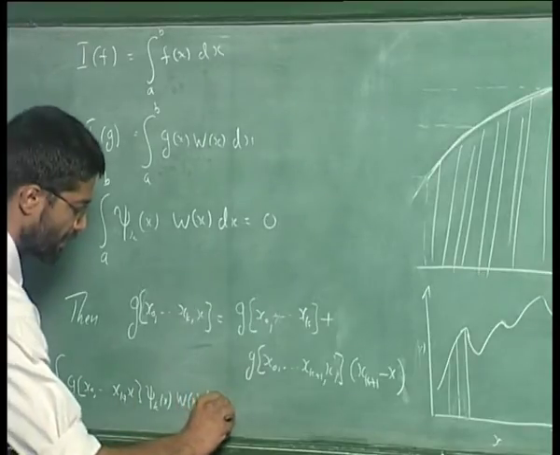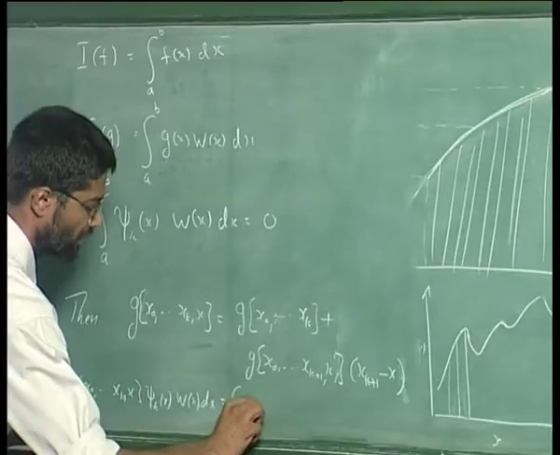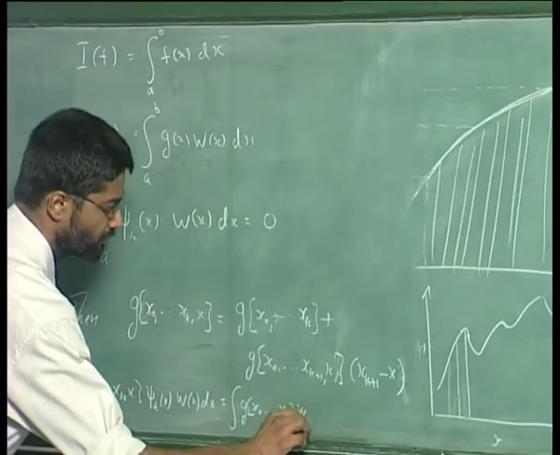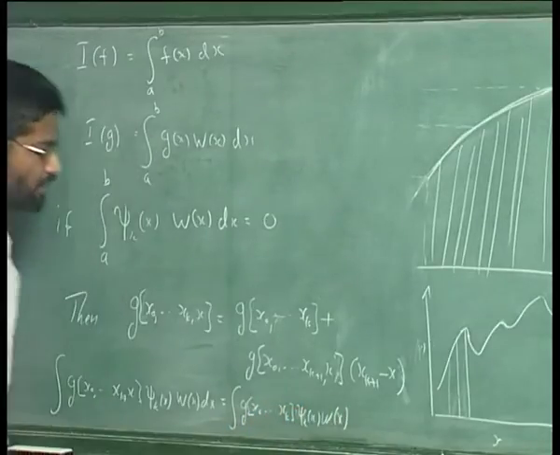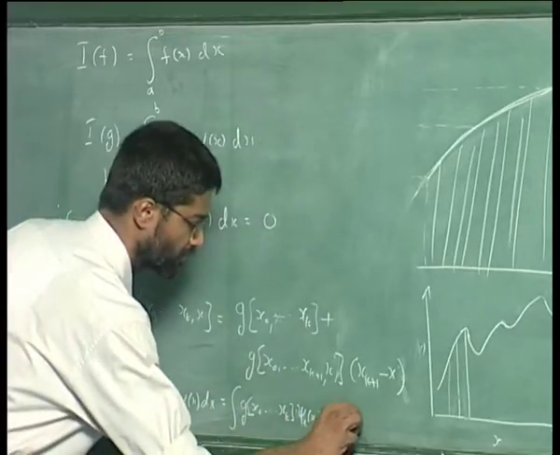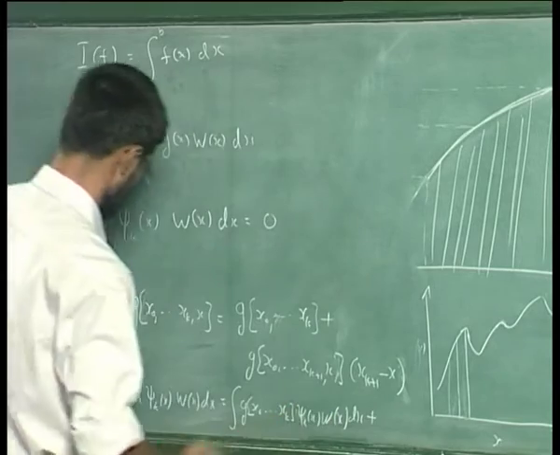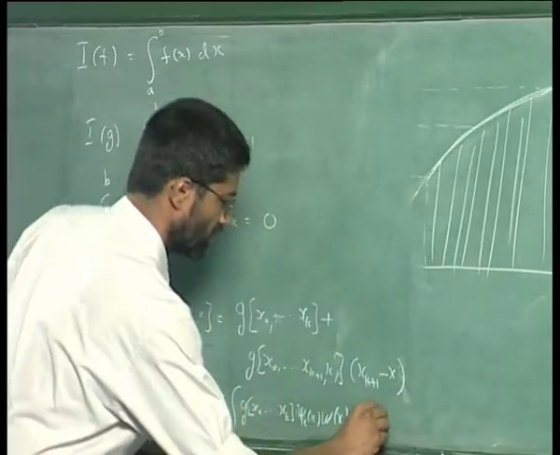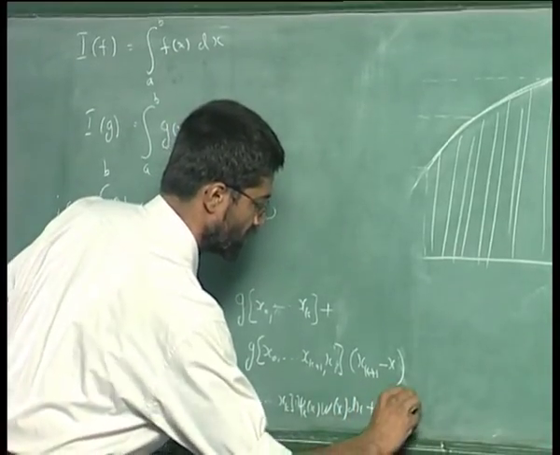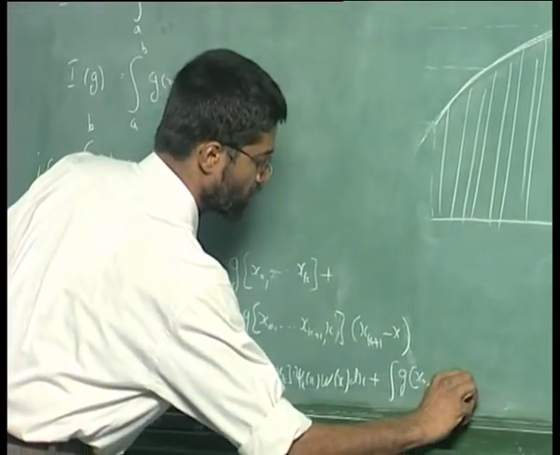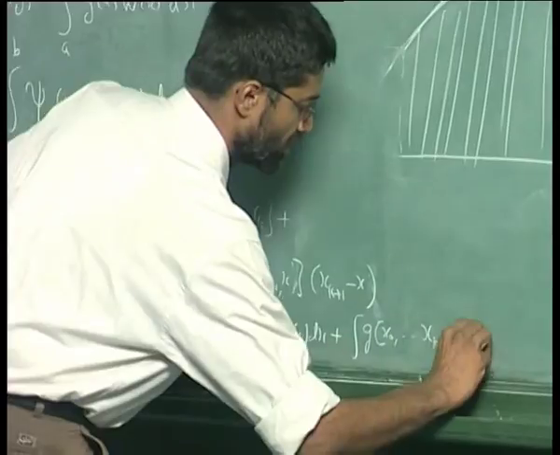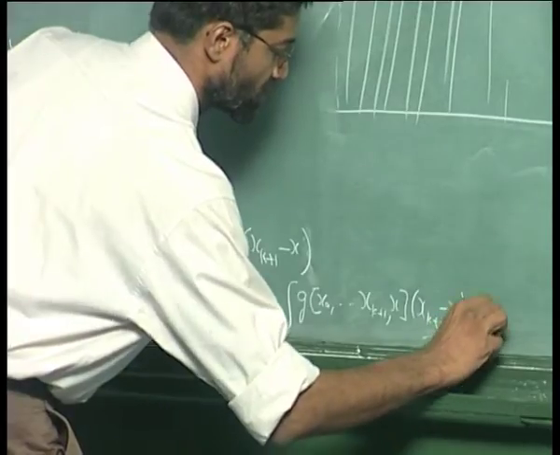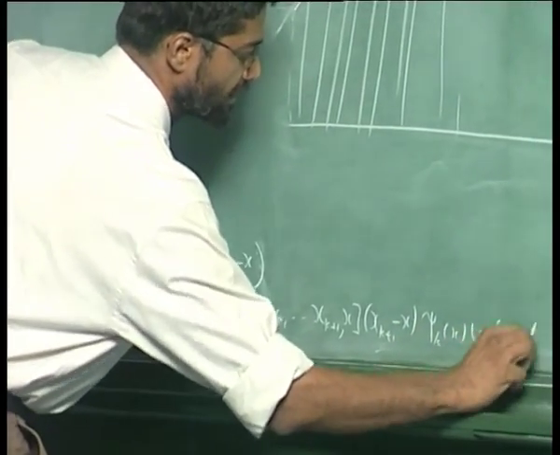One is the integral of g[x0, ..., xk] w psi k of x w of x dx, that is the first term, and then we have another term which comes from the integral of g[x0, ..., xk, x_{k+1}] (x_{k+1} minus x) psi k of x w of x dx.